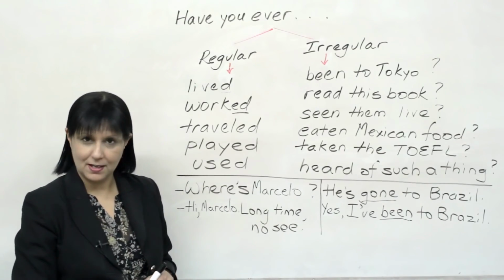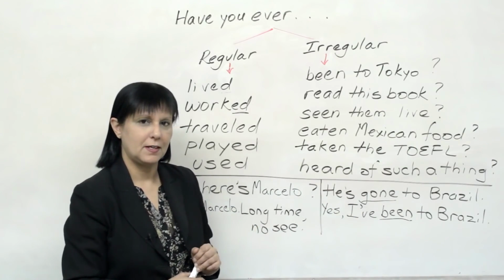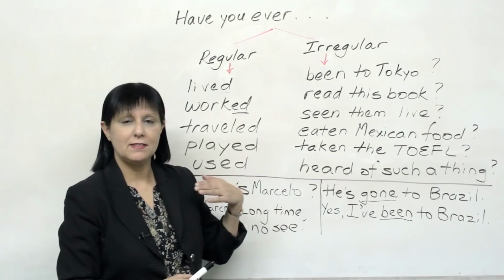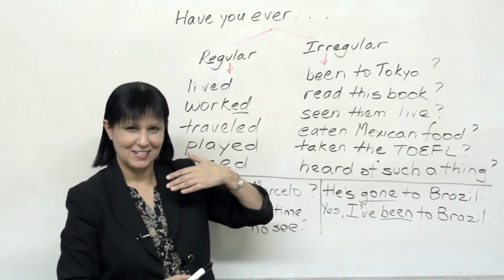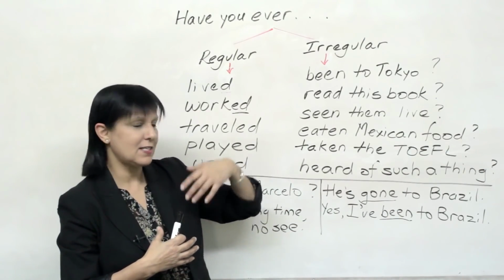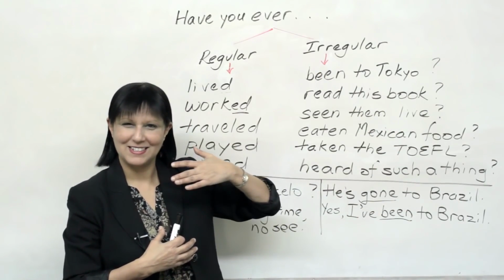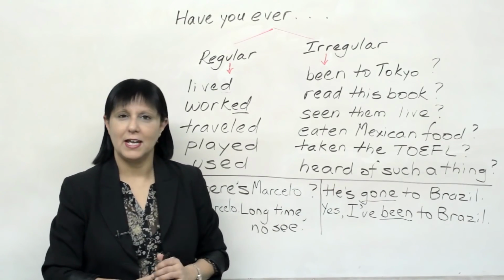So Marcelo says, yes, I've been to Brazil. So when Marcelo says, I've been to Brazil, he means that he went there and now he has returned. So now both of you are in the same place, and when he says, I have been somewhere, it means I went there and I came back. All right? So that's a small difference that you need to know about gone and been.